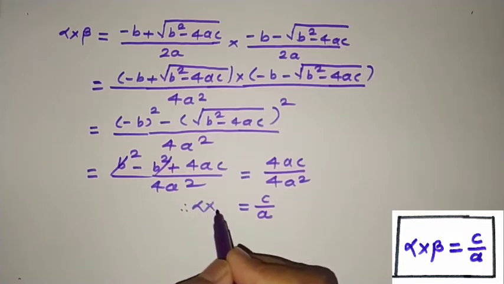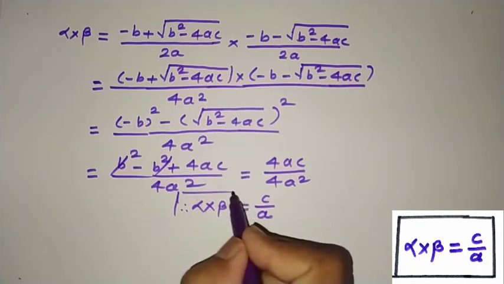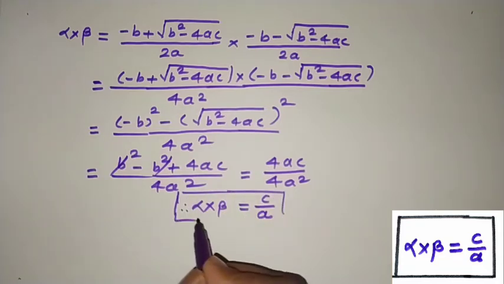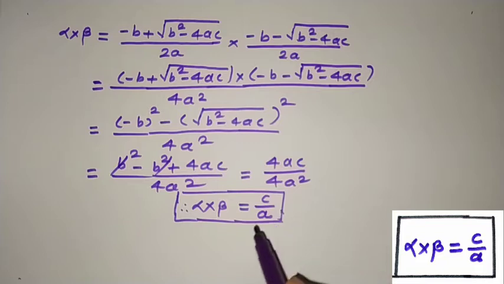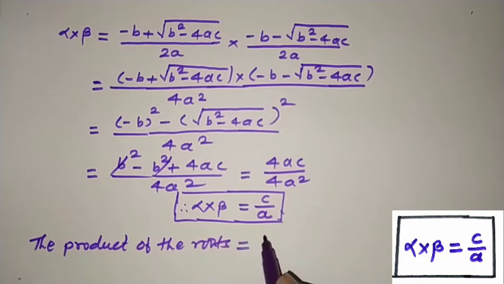The multiplication of two roots, alpha into beta, is equal to c upon a. The product of the roots is equal to c upon a.